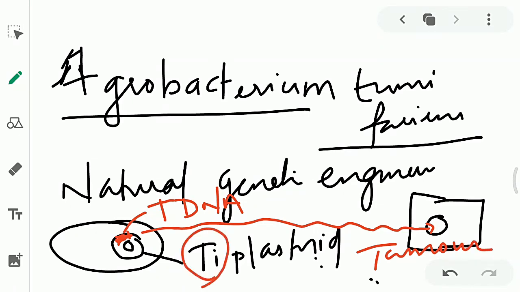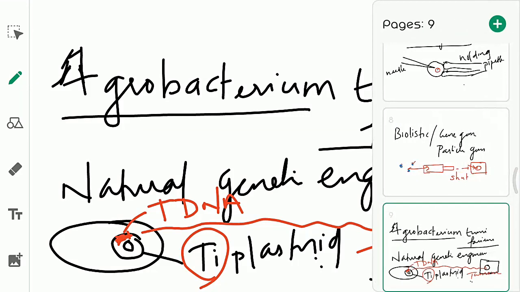This is the tumor inducing plasmid. So this plasmid can also be used as a vector, and it is very commonly used for plants. So these are the major methods of gene delivery.